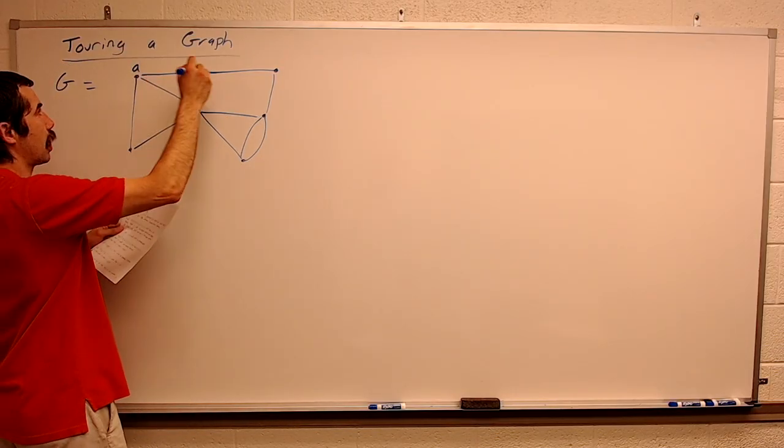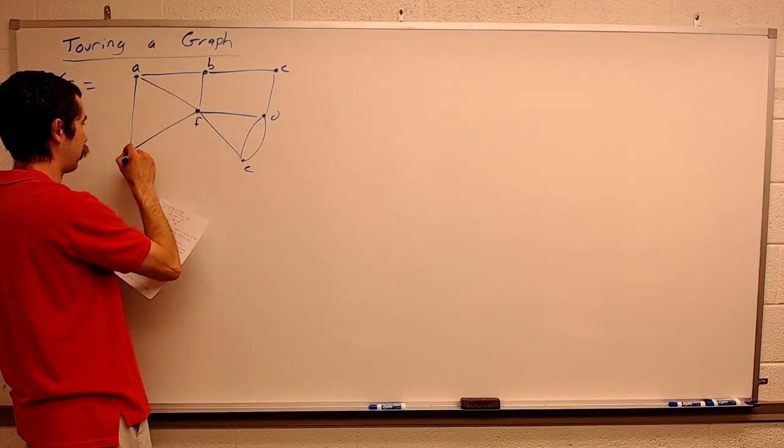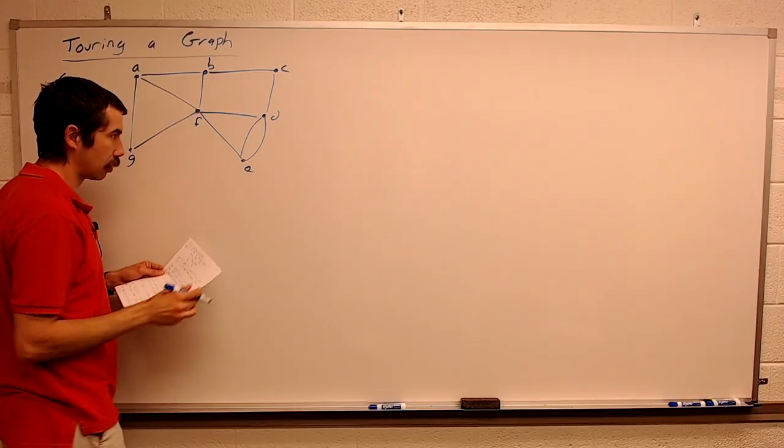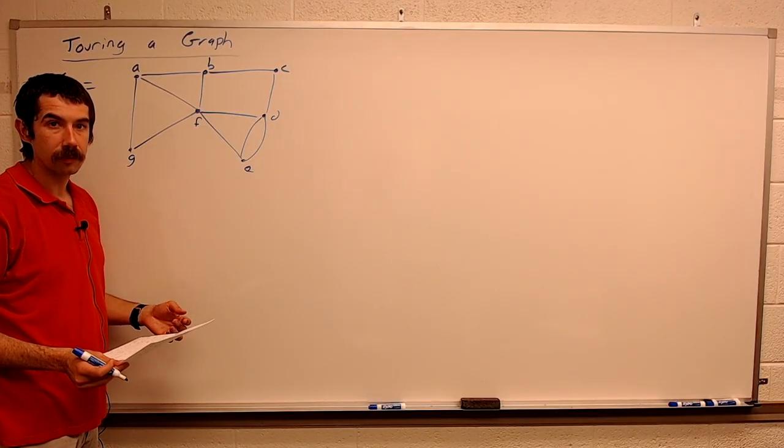All right, and so this will be A, B, C, D, E, F, and G. All right, and we're going to talk about ways to travel along the graph.